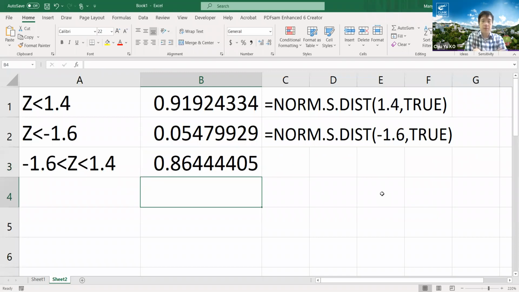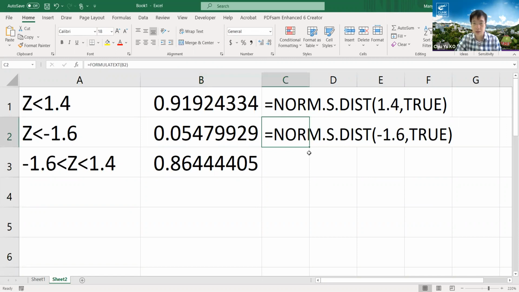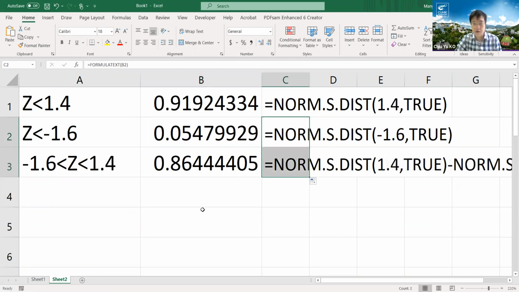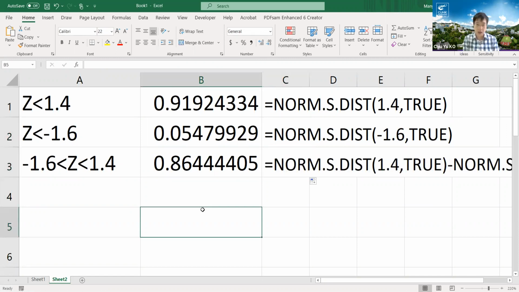This is the answer that you can see from the example. Is that clear? Let me know if you have any question related to the Excel for this part. Is that okay?